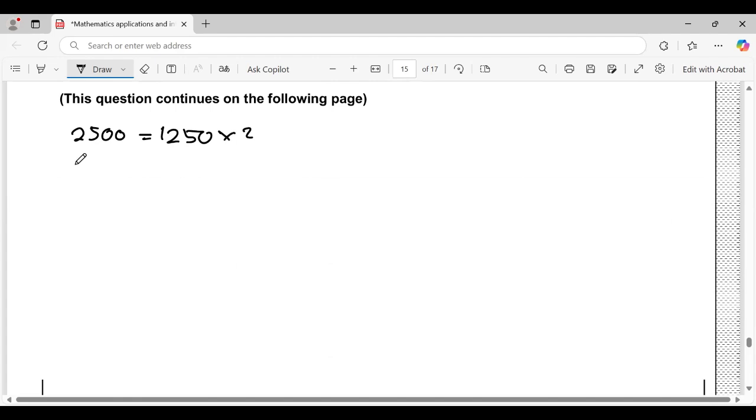Now for n equals 9, it is at 90 minutes.